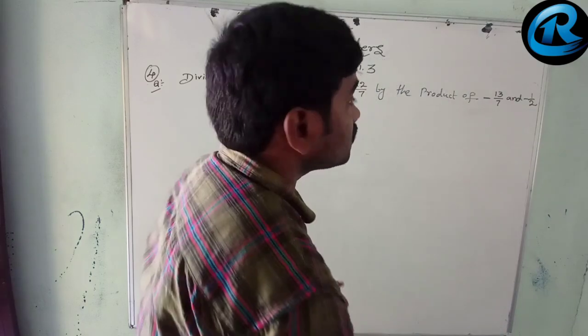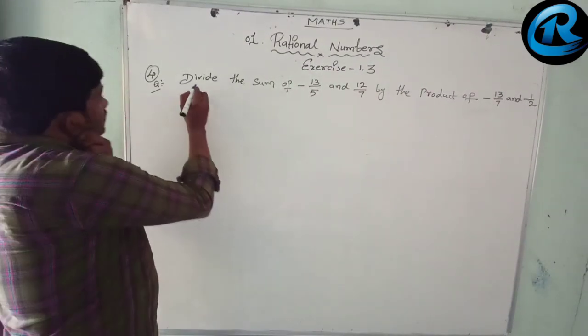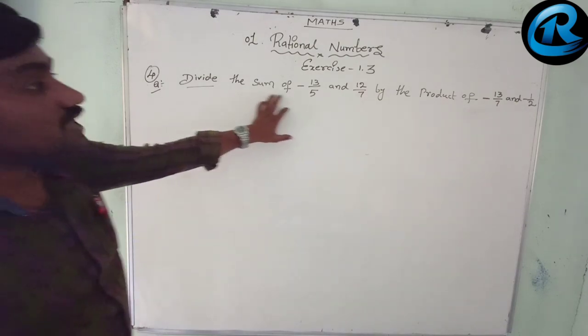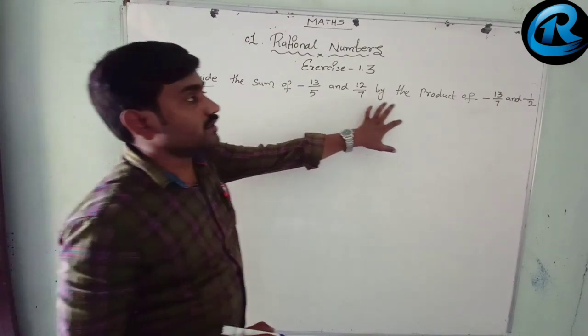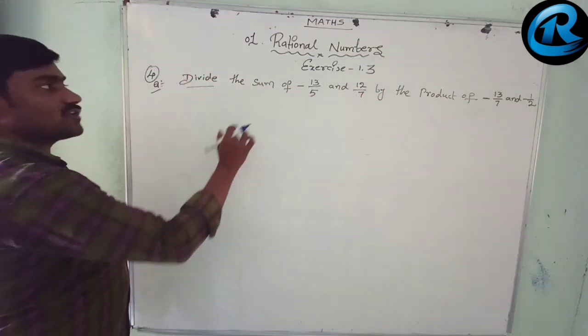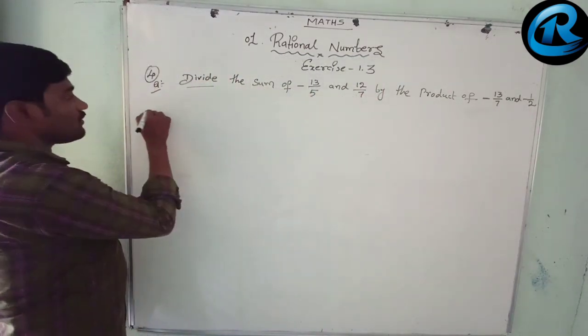Minus 1 by 2. See what he said, first divide. Okay, let us divide it. We'll divide, but the sum of these two we have to divide by the product of these two numbers. Okay, first of all let us go for the sum, let us solve.